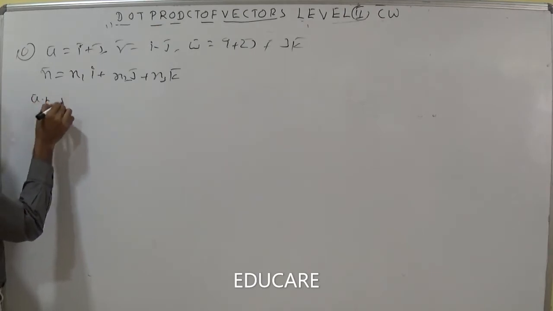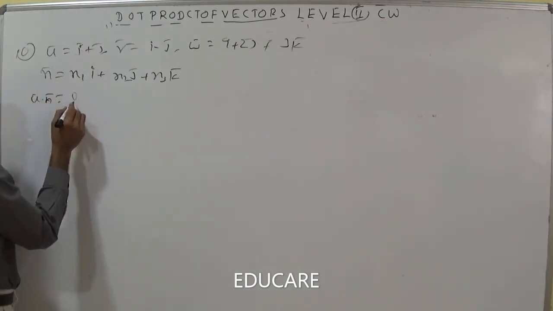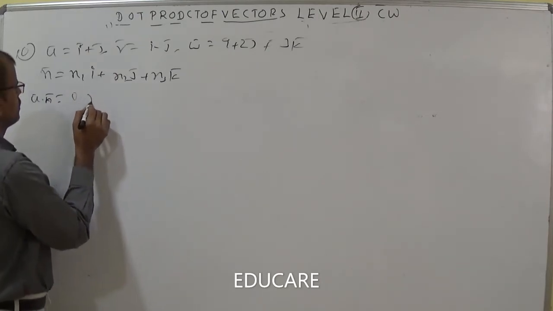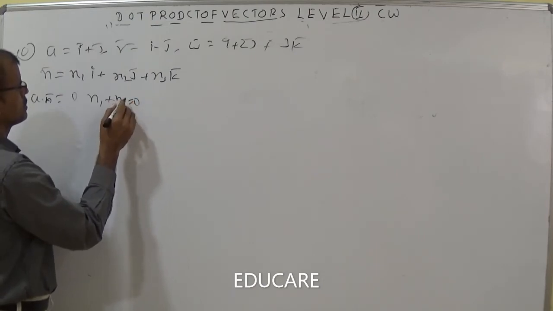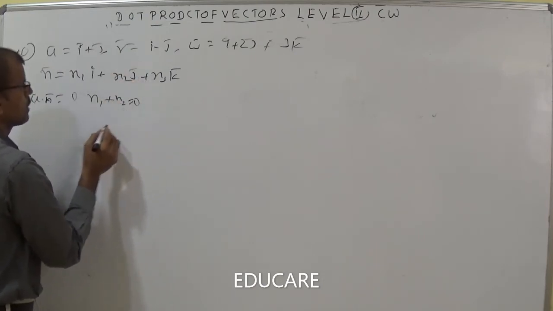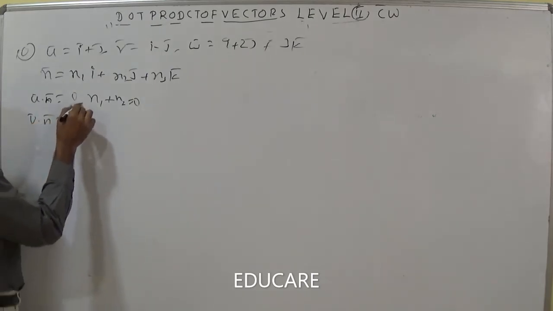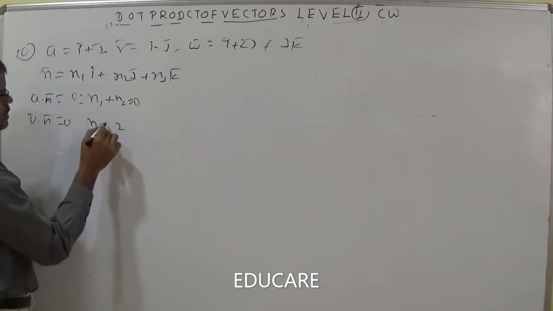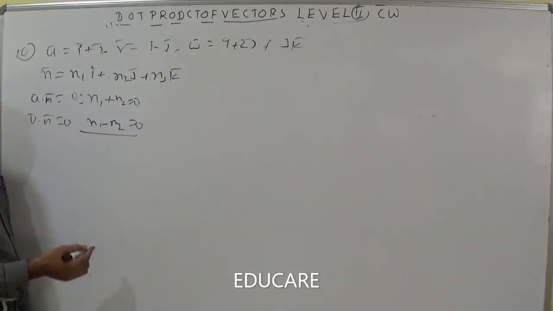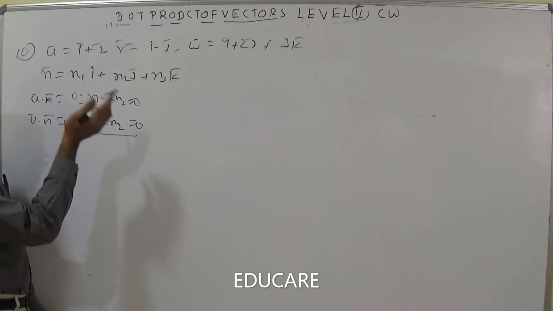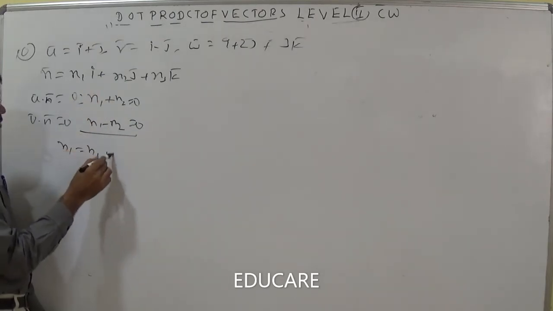U dot n equal to 0 is given. Whenever U dot n equal to 0, then you can write here n1 plus n2 equal to 0. Next, V bar dot n equal to 0 means n1 minus n2 equal to 0. If we add these, 2n1 equal to 0, and if you substitute the value in n1 plus n2, then n2 also equals 0.